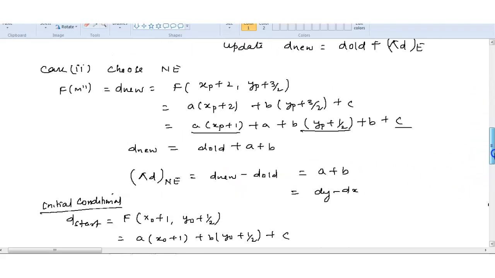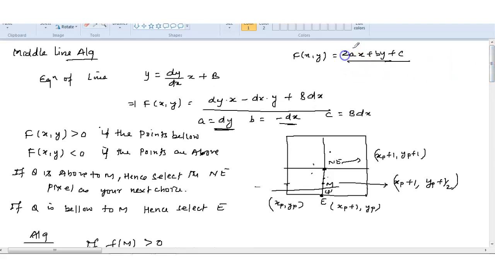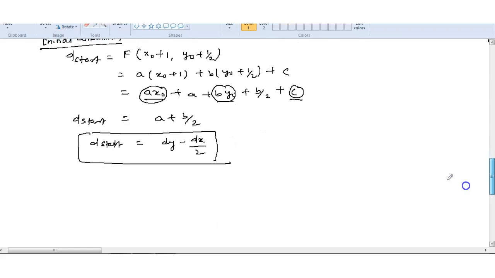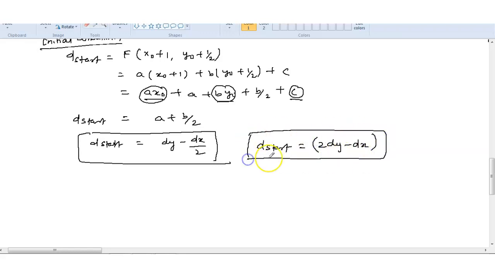So if we consider 2 into this function ax plus by plus c, then all the terms will be doubled. If you multiply this by 2, d start will be 2 into dy minus dx. We are doing this just to avoid floating point multiplication.